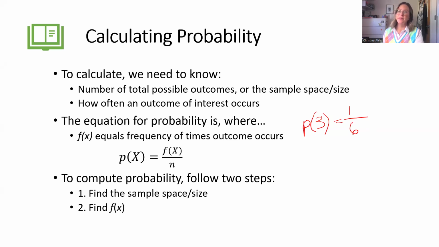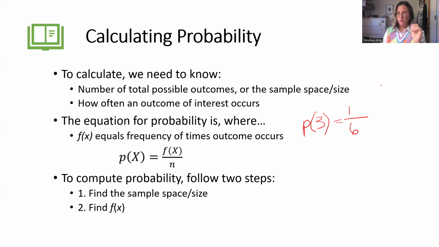So it would be 1 divided by 6. So 3 only occurs one time. And so we would go 1 divided by 6 to find out what the probability is. All you need is your sample size and the frequency of that specific outcome that you're looking for to be able to calculate probability at the most basic form.